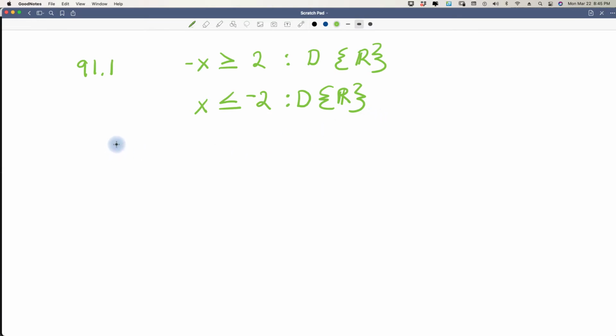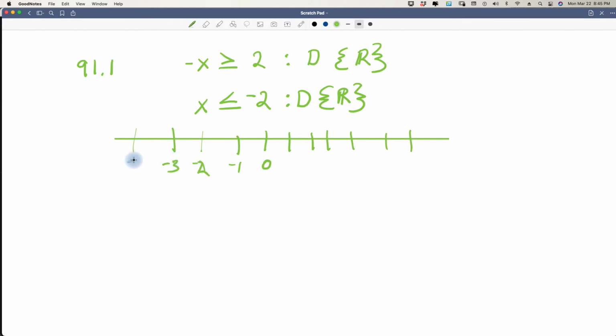We can create our number line, and we can graph that. If this is 0, -1, -2, -3, -4, and this is 1, 2, 3, 4, 5, 6, we can say that x is less than or equal to -2, and it goes that way.